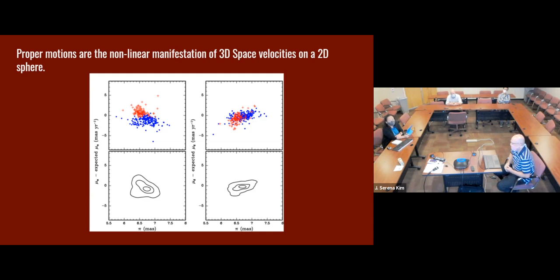So you adopt the same space velocities for everything, calculate what you expect the proper motion to be for the position of the star, and then you subtract that off the proper motion. And so you can see here with the contour plots below that what we actually have is just two halves of the same distribution.